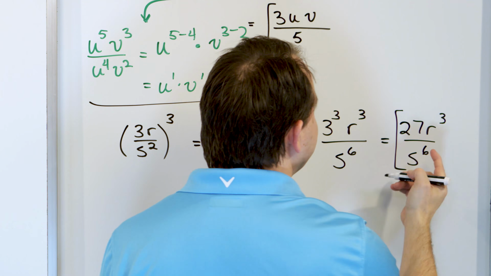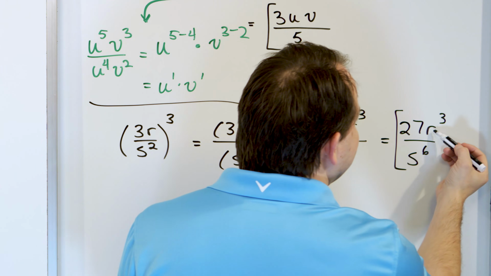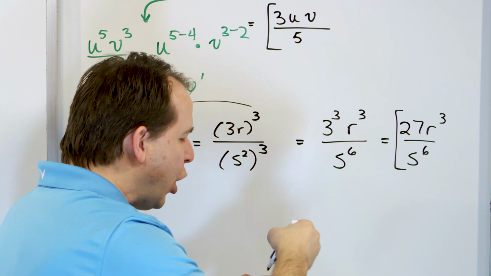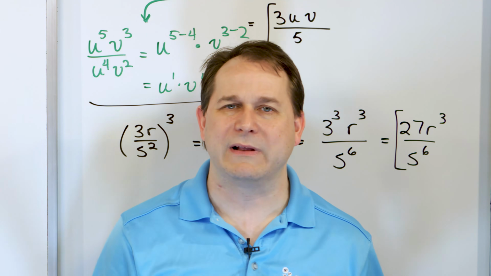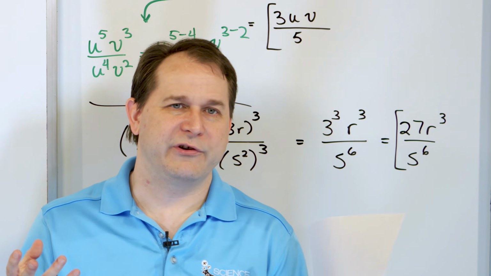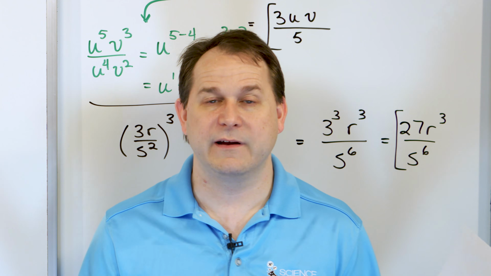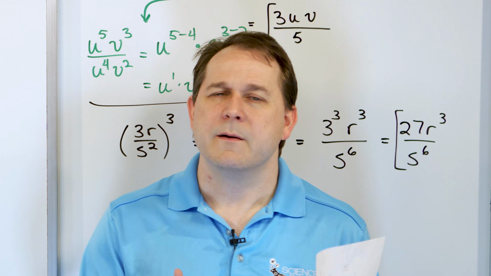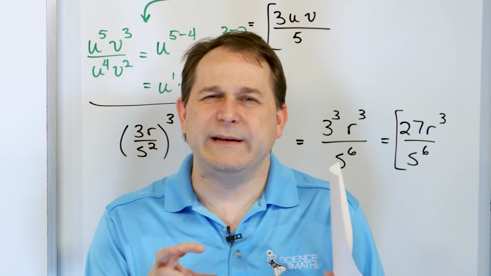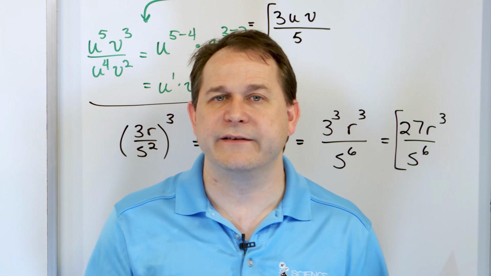And I know you might want to do more with this because you don't like all those exponents, but you can't, because this is a different base than this one. All of these exponent laws only apply if the base is the same. It's like peanut butter and jelly. I know they go in a sandwich together, and we love to eat peanut butter and jelly, or ham and cheese or something, right? They go together. But in algebra, things can really only be worked on together or combined if they are identical in some sense.